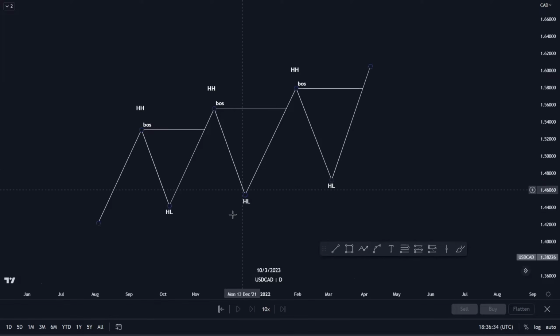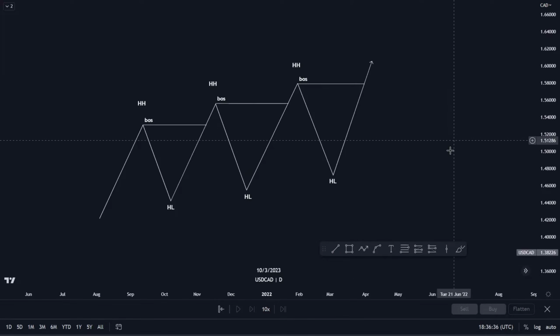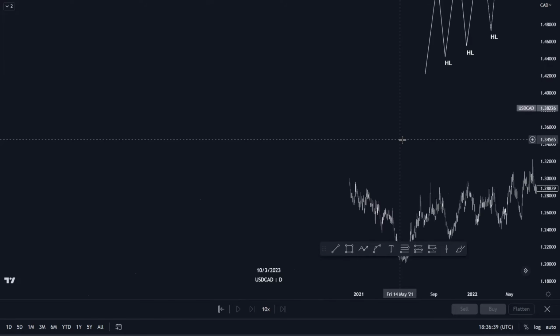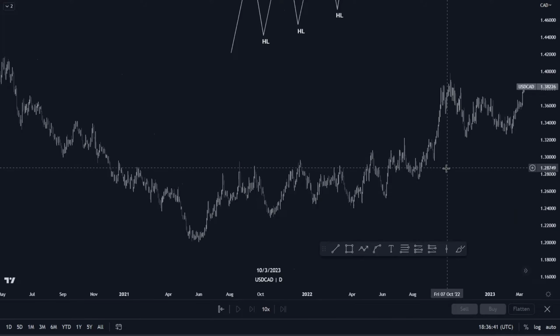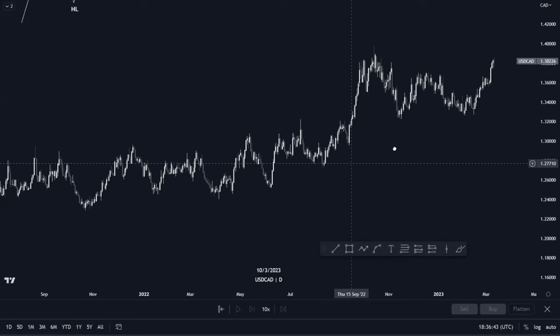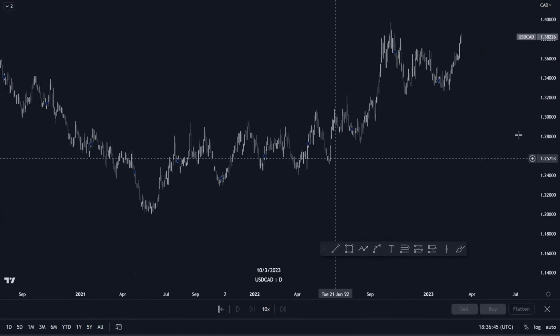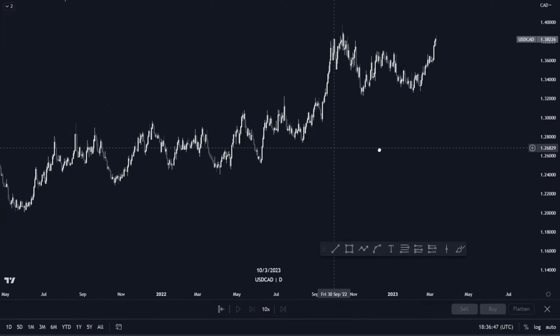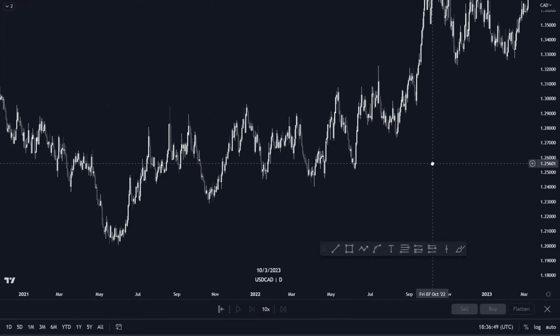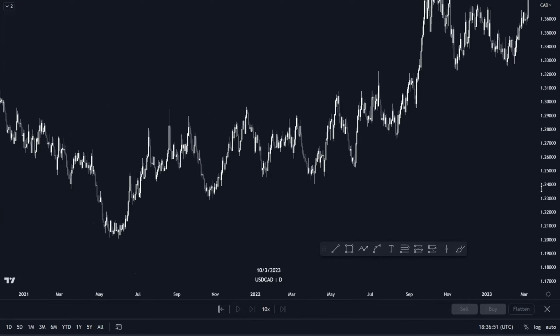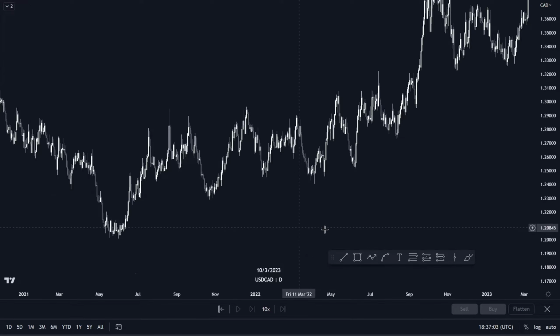So now for our real market example. Here we have USD CAD on the daily time frame, and as you can see, USD CAD has been in a series of higher highs and higher lows.